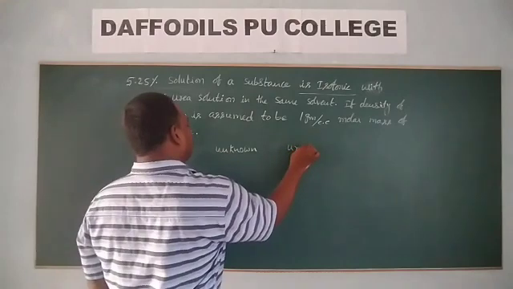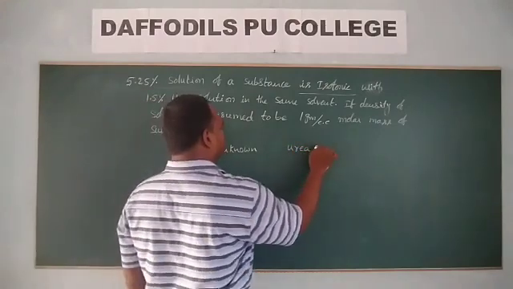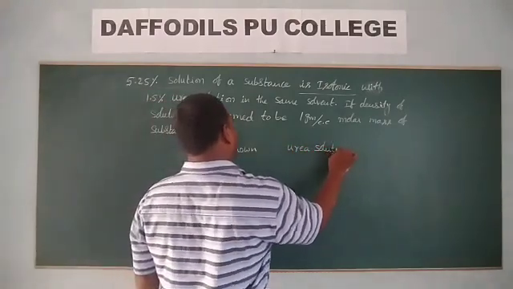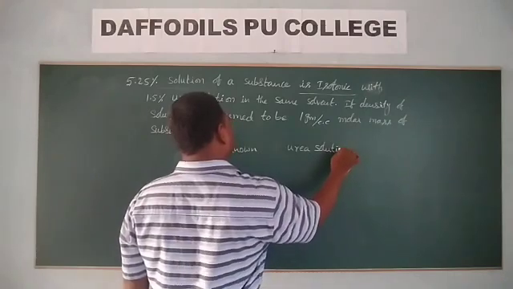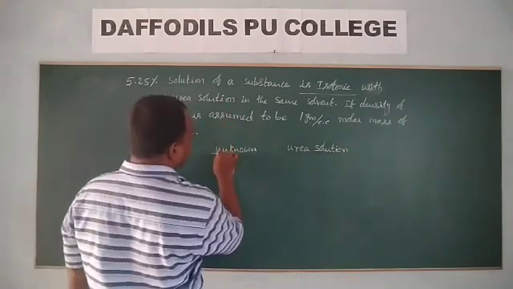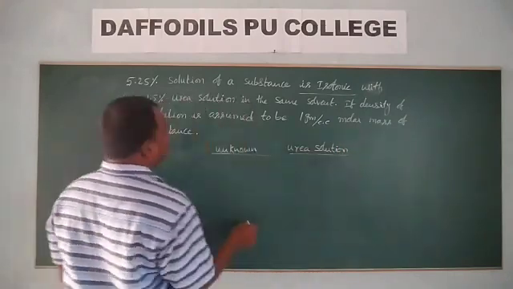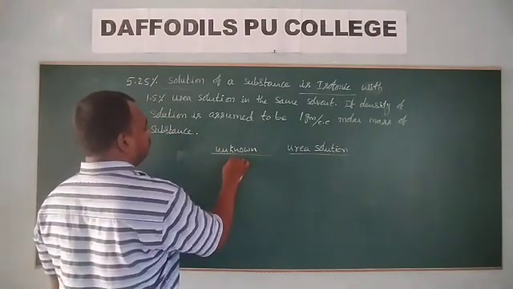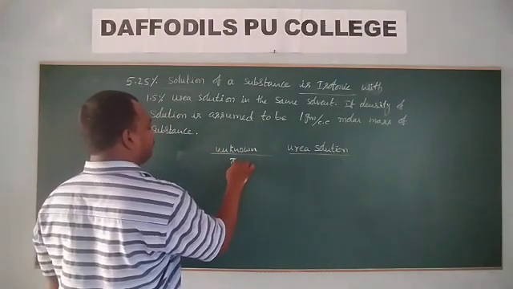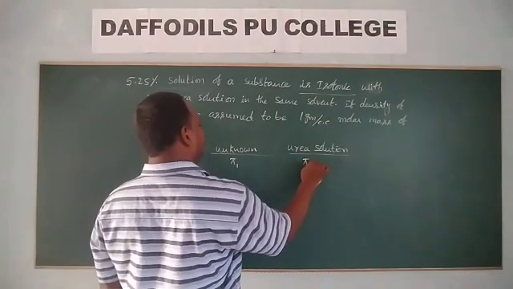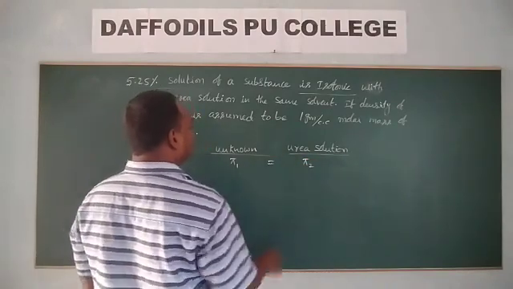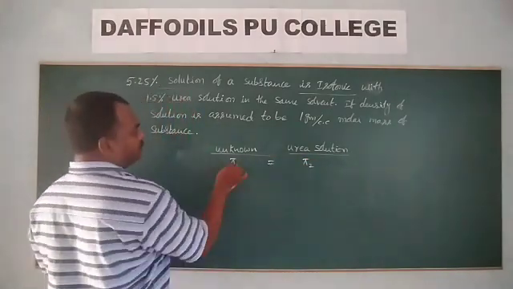This is the urea solution. The osmotic pressure of this unknown solution is pi 1. The osmotic pressure of this urea solution is pi 2. So pi 1 is equal to pi 2.